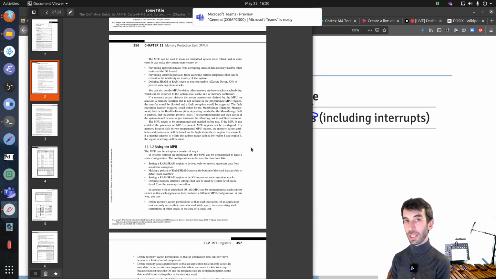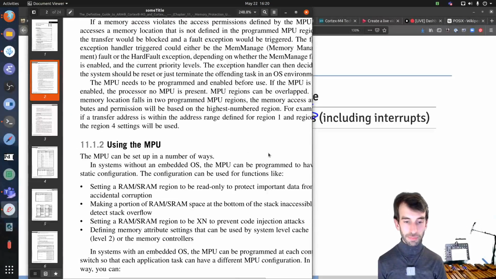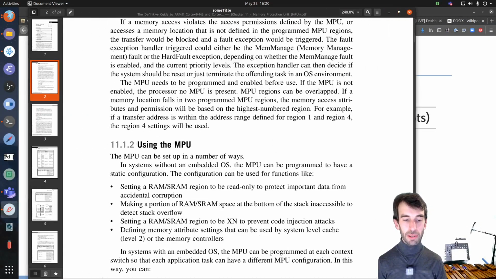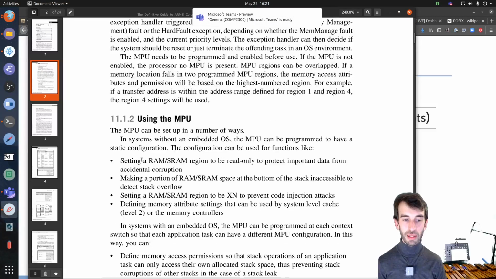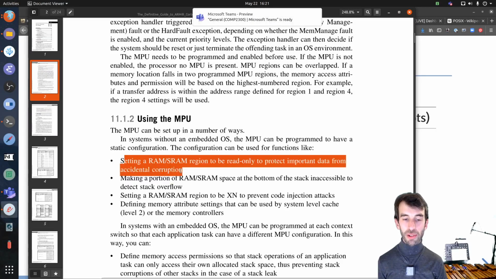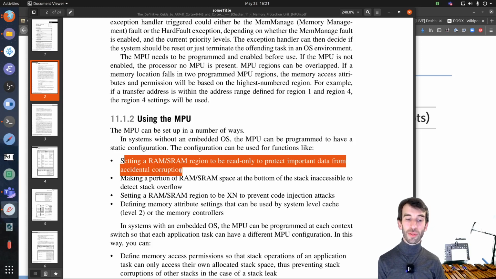Some good things that you could do with the MPU, it's a little bit hard to see here, but your MPU could, for instance, make some SRAM read-only, so you could make sure that your program data was not able to be overwritten.